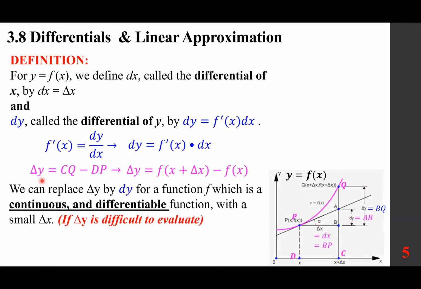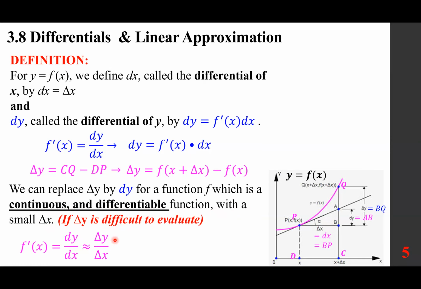We can replace delta y by dy for a function f which is continuous and differentiable, with a small delta x, if delta y is difficult to evaluate. So what we are saying is that we know f prime is dy/dx precisely. Roughly, it will be delta y over delta x.